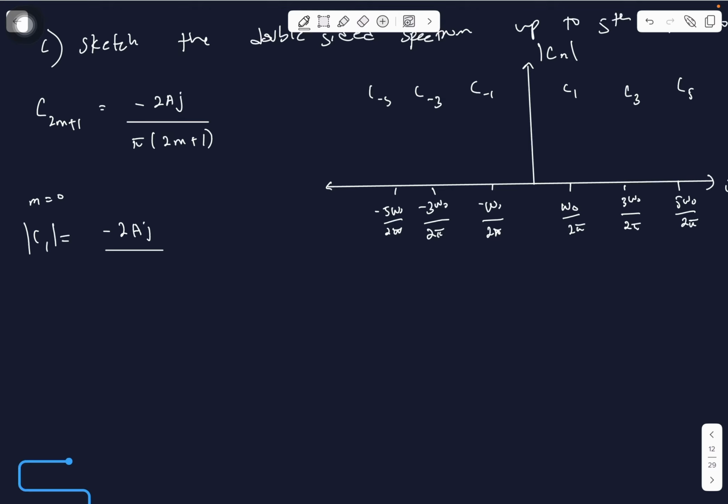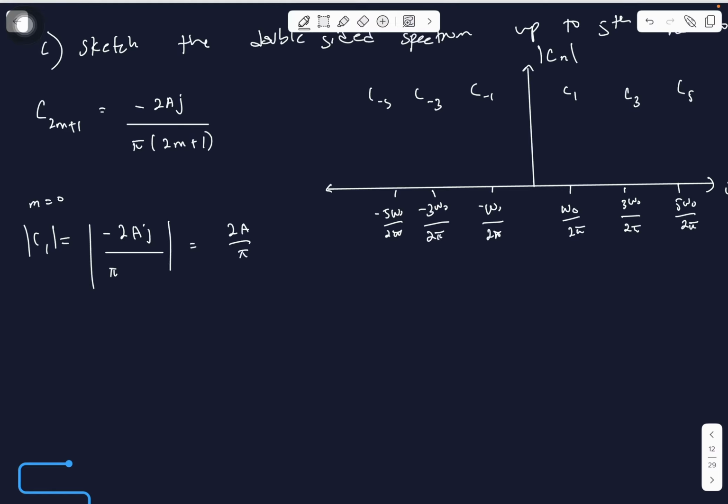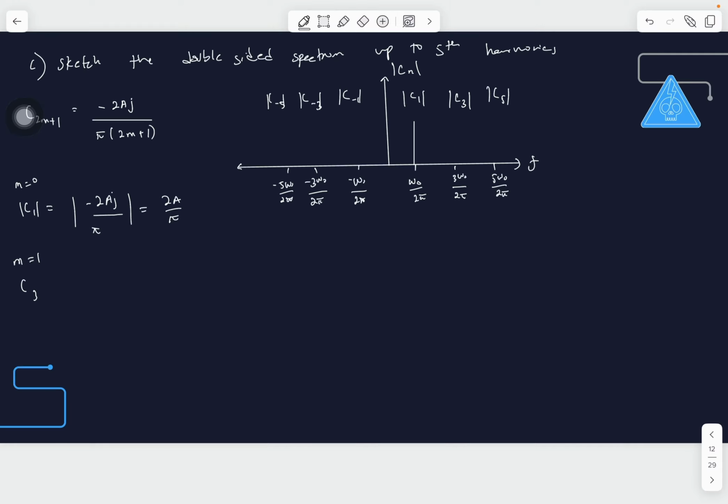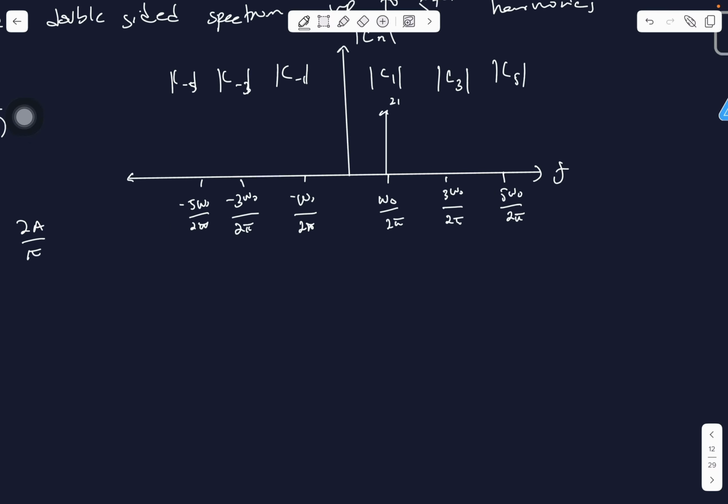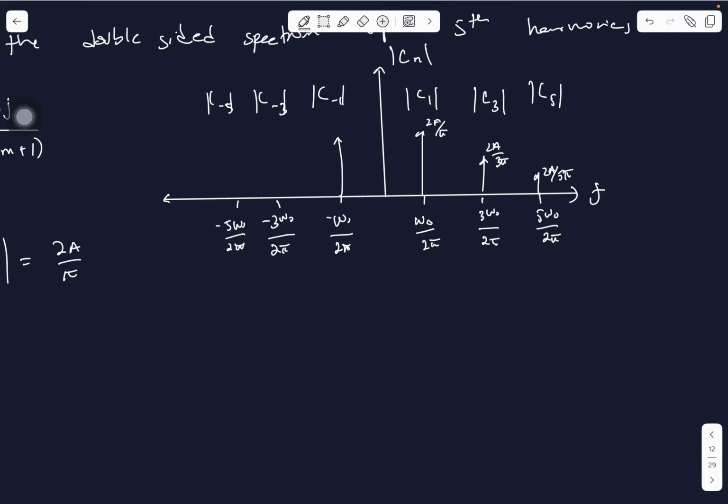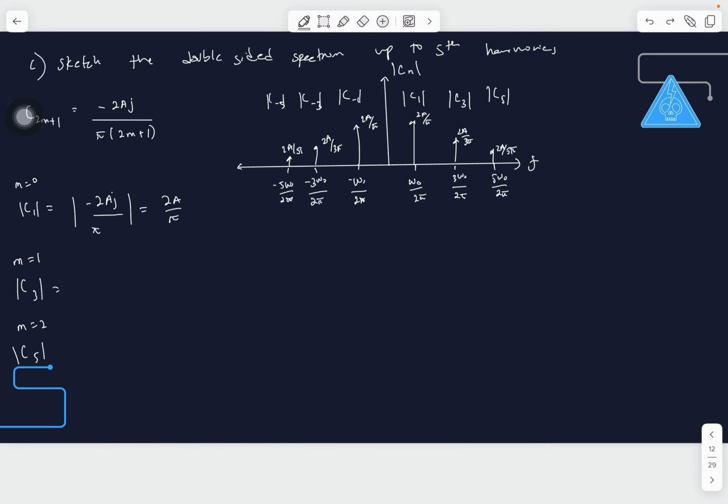By the way, احنا عايزين الmagnitude, so it's 2a over pi. لما m equal 1 نجيب الmagnitude حق C3، بعدين نعوض m equal 2 ونجيب C5، كده حنكون جبنا up to the fifth harmonic. هنا حتكون 2a over pi, هنا 2a over 3 pi, هنا 2a over 5 pi. هنا نفس الحاجة، نفس السبكتروم، 2a over pi، هنا 2a over 5 pi. Double-sided magnitude spectrum كده رسمناه.